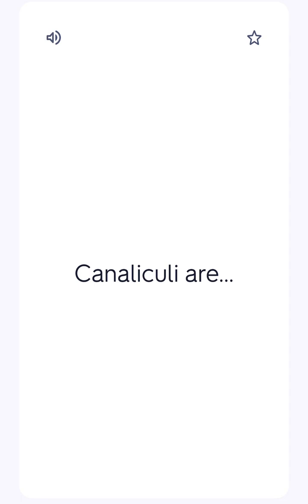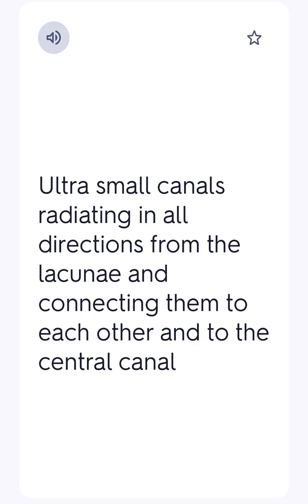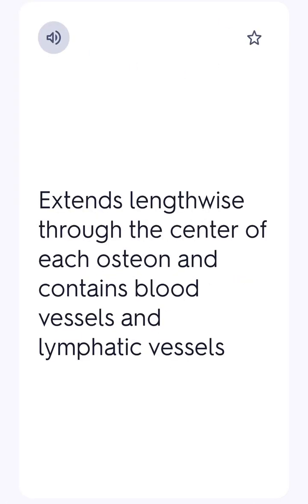Canaliculi are ultra-small canals radiating in all directions from the lacunae, connecting them to each other and to the central canal. The central canal extends lengthwise through the center of each osteon and contains blood vessels and lymphatic vessels.